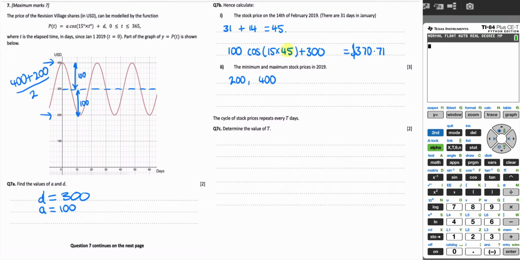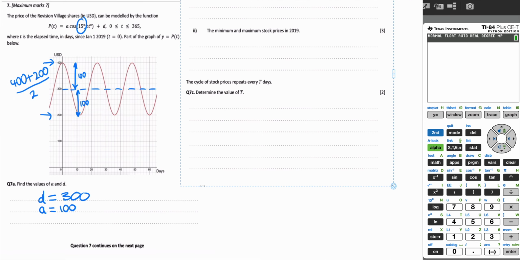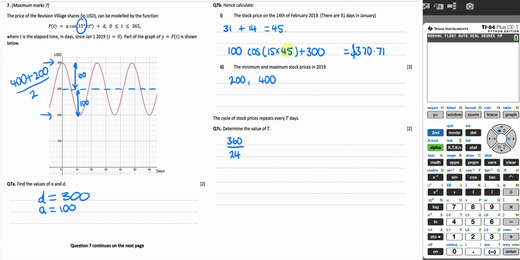And then the last one is that it cycles every t days, and we need to work out the value of t. So that is the period of the wave, which is 360 divided by that b value, which we were told is 15.